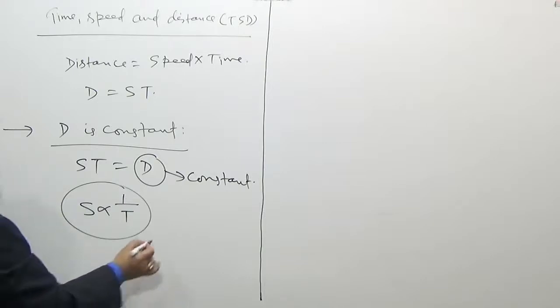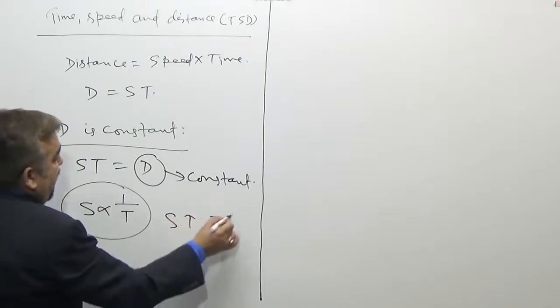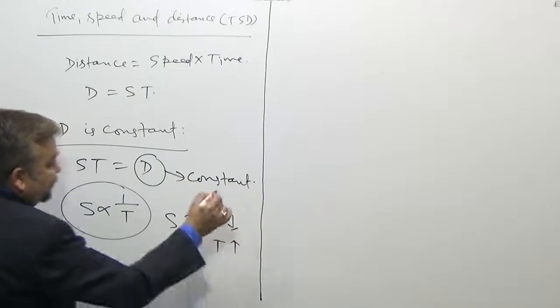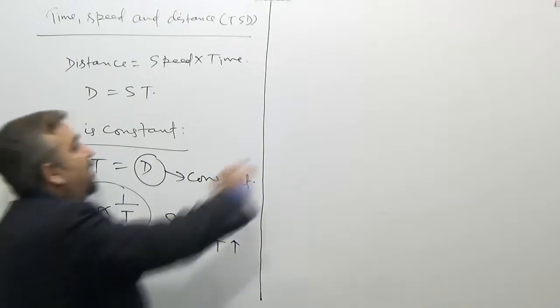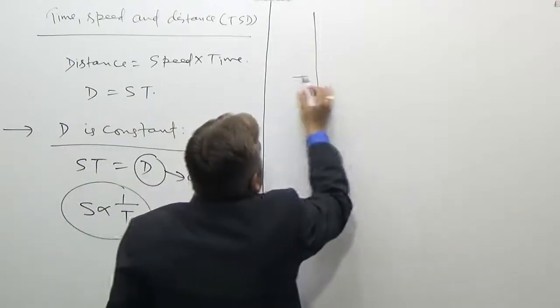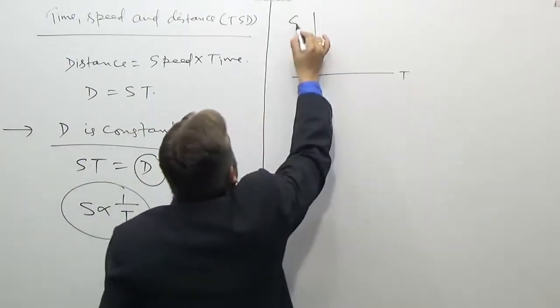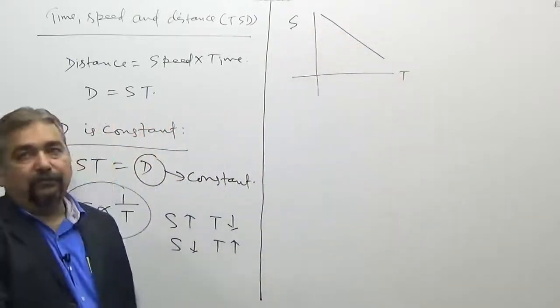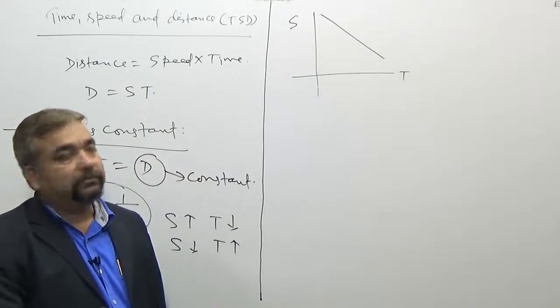That is, speed increases, time will decrease. Speed decreases, time will increase. If you make the graph, suppose this is time, this is speed, the graph will be a falling line from left to right.